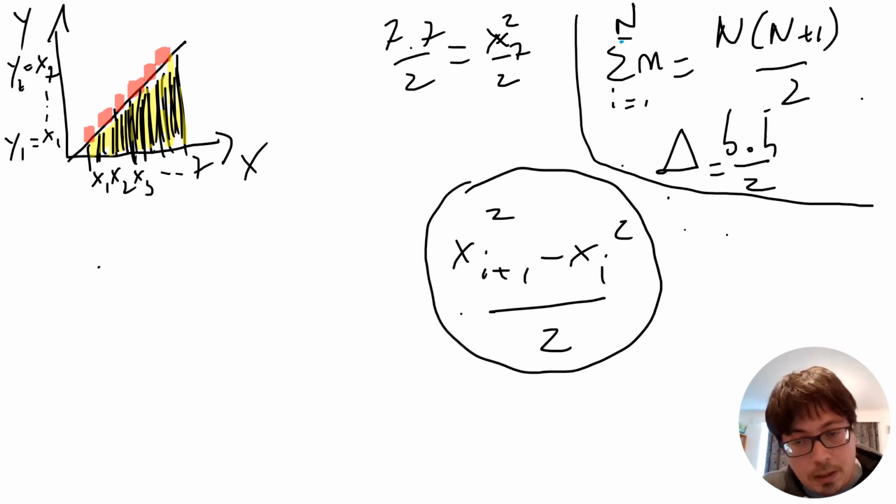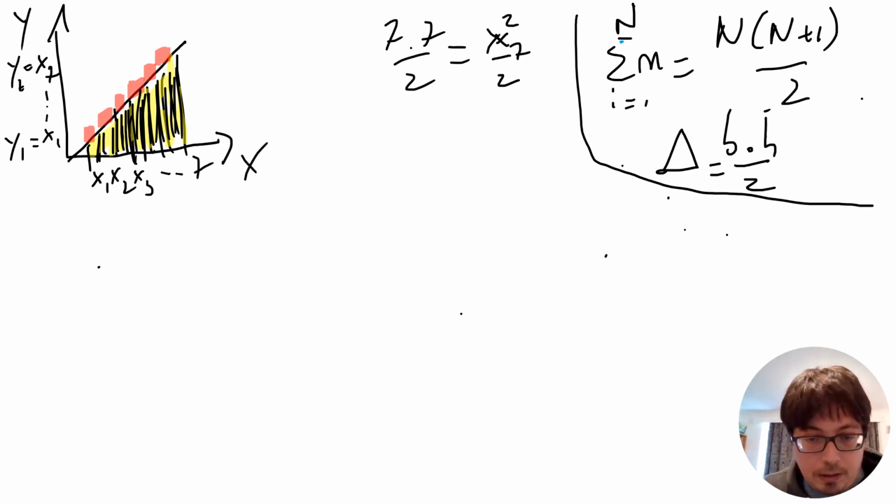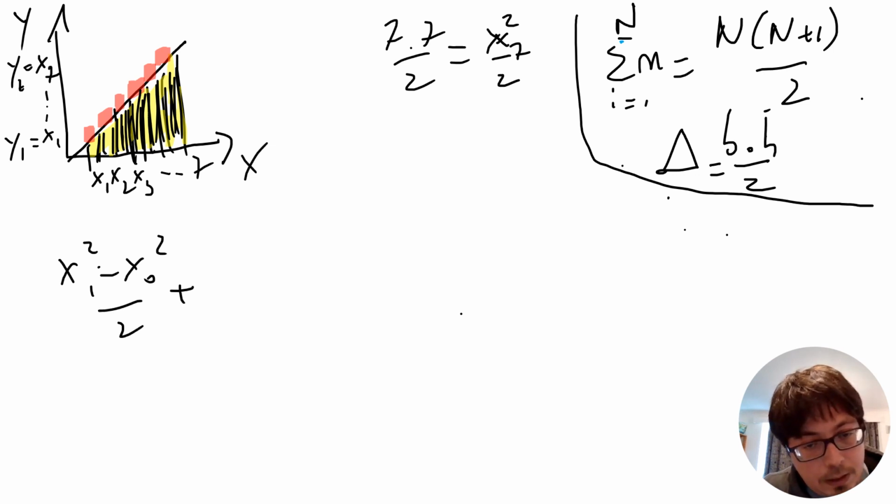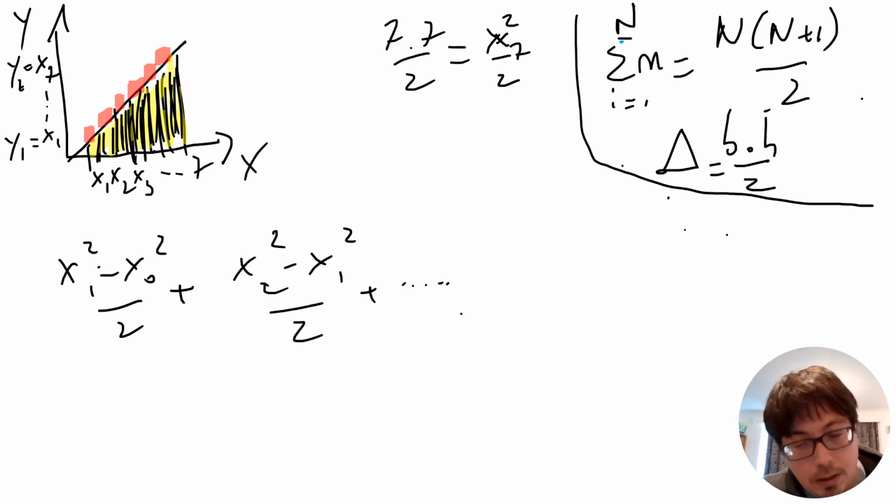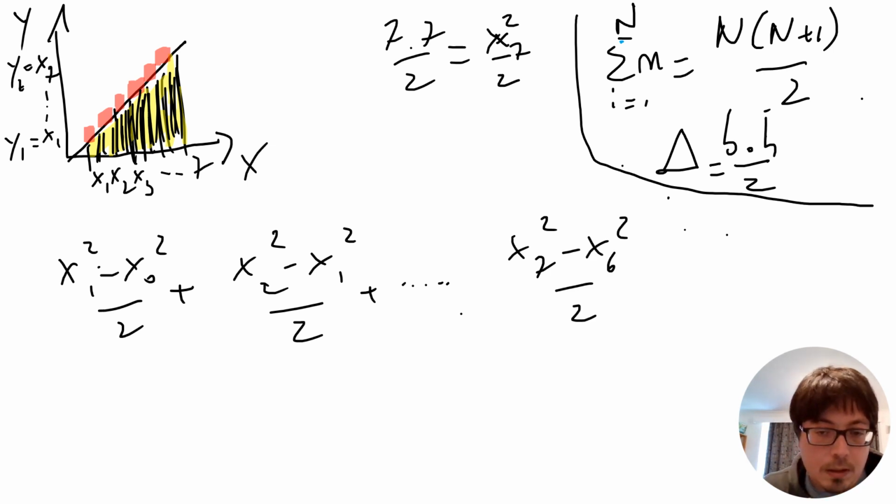Okay, and the trick now is simple, because if we explicitly write x1 squared minus x0 squared divided by 2 plus x2 squared minus x1 squared divided by 2 plus dot dot dot plus x7 squared minus x6 squared divided by 2 plus, we see that, for example, x0 is 0, so we can just forget about this.